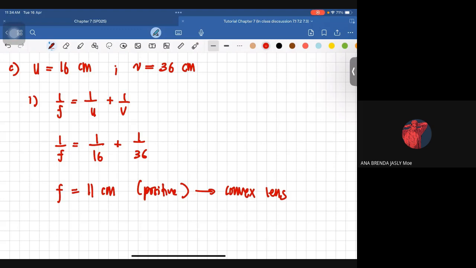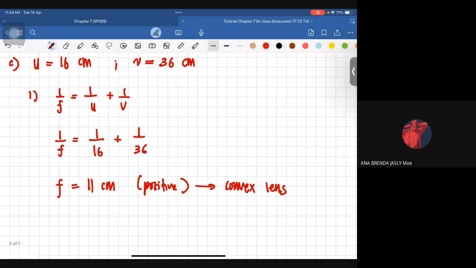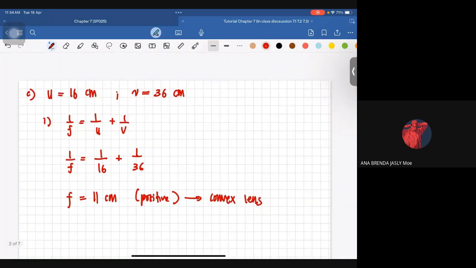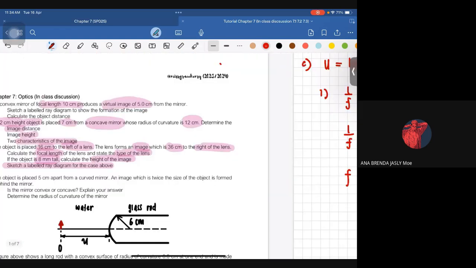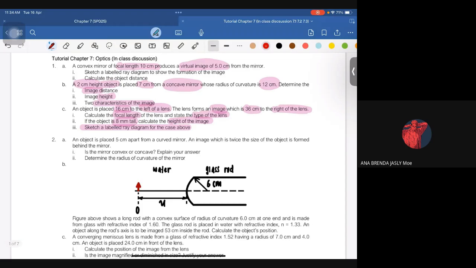Okay. Okay, boleh? Ada soalan? Tiada. Alrighty. Next one. Calculate the height of the image.